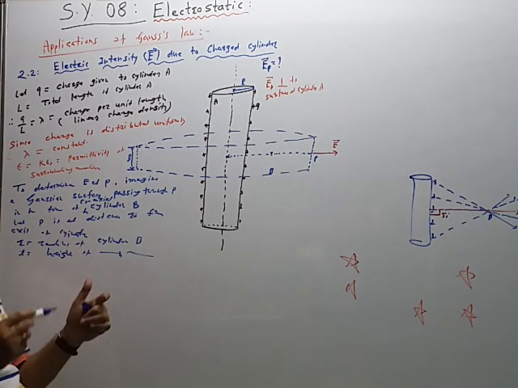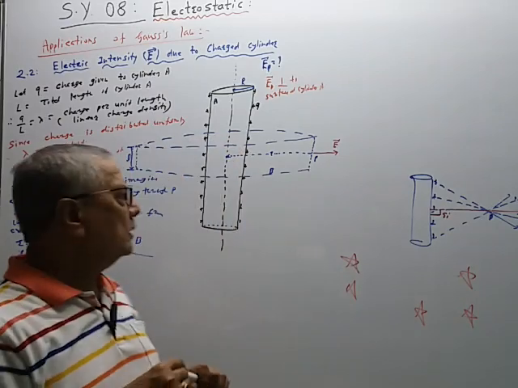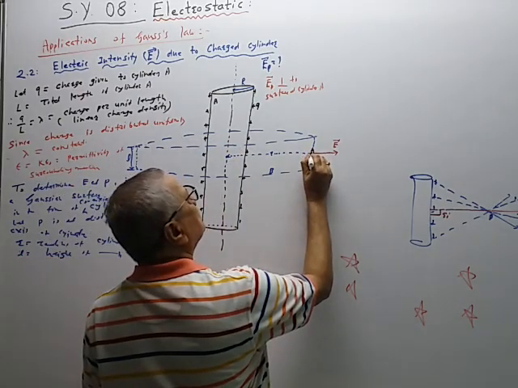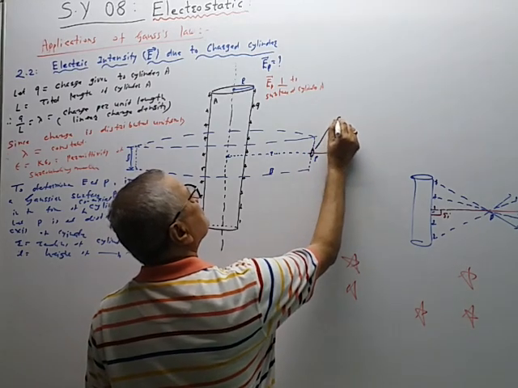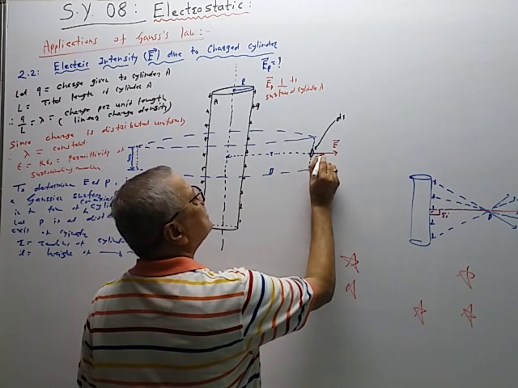Now we have to apply the Gauss theorem. So imagine a small area dS surrounding the point. This is area dS. So area vector dS will be in the direction.